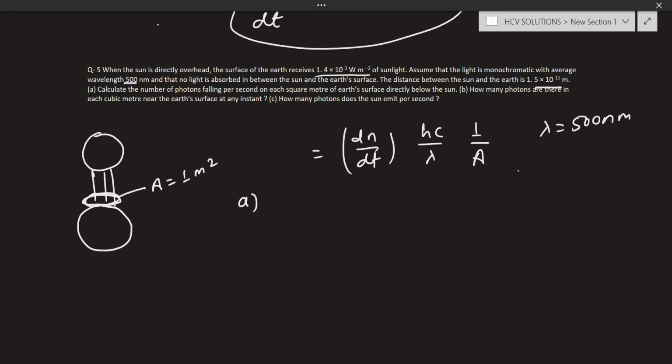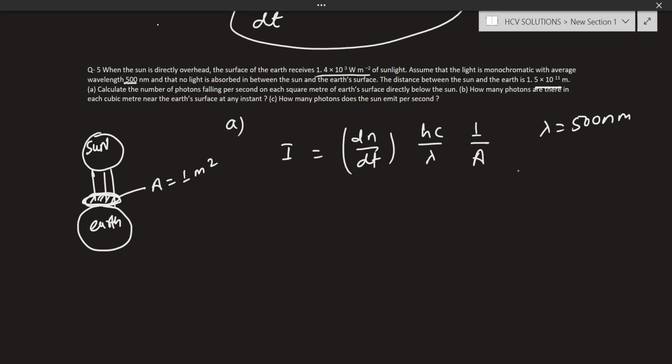Let's say that is the Earth and that is the sun. Light is falling directly here, and we take an area of 1 square meter of the Earth. How many photons are falling on that particular area?